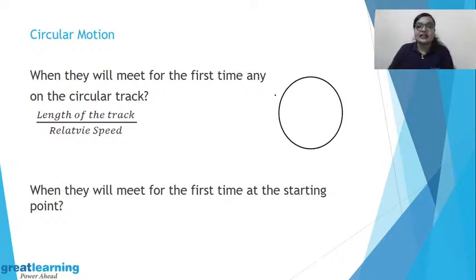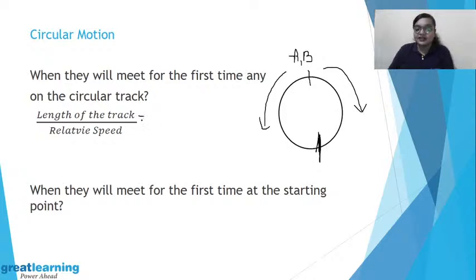Whenever 2 or 3 people start at the same point, they may be moving in the opposite direction or in the same direction, it can be anything. But if they have to meet somewhere at the same point, what we have to do is take the length of the track, that is, the circumference of the circle, or they will give the total circumference directly.